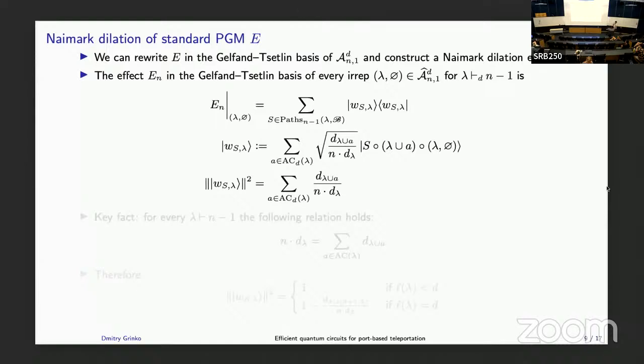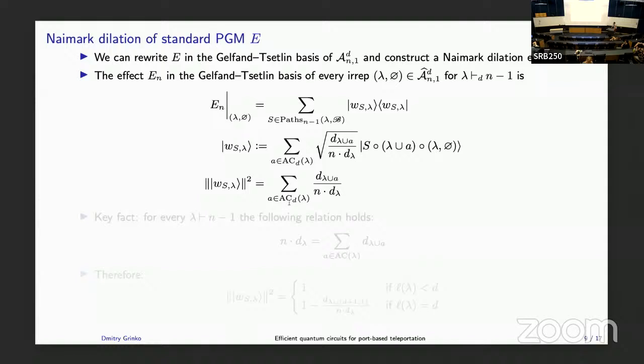The high-level idea is as follows: if I take the effect and write it in the Gelfand-Zetlin basis, you can write it very nicely as a sum of projectors onto orthogonal vectors W lambda here. Those vectors have the following formula, with this coefficient which you see here. And you can easily calculate the norm, which turns out to be equal to this number.